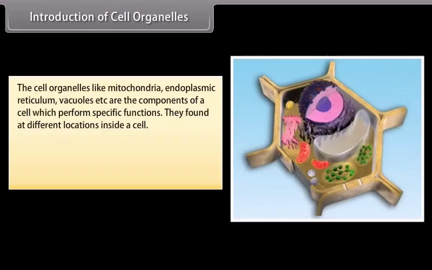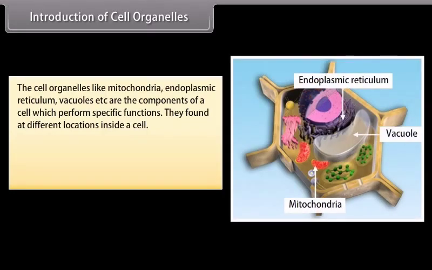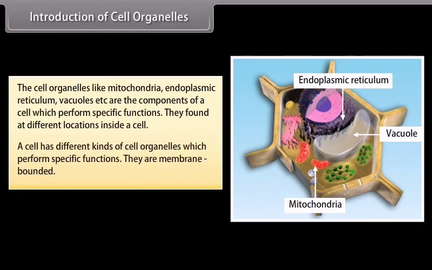Introduction of cell organelles. The cell organelles like mitochondria, endoplasmic reticulum, vacuoles, etc. are the components of a cell which perform specific functions. They are found at different locations inside a cell. A cell has different kinds of cell organelles which perform specific functions. They are membrane bounded.